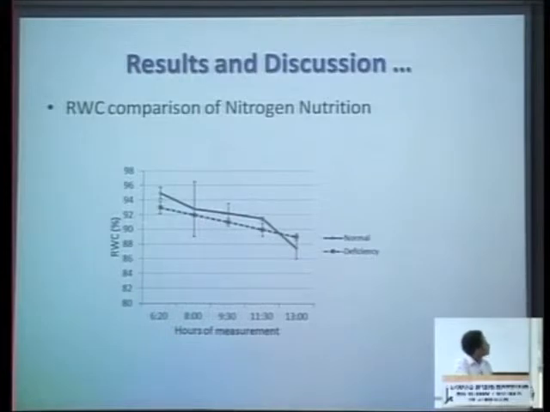I think the number of observations here are small, so we couldn't find significant difference here, but it follows the same condition, and the normal irrigation shows, even though it is not significant difference, somewhat larger values until about the midday.